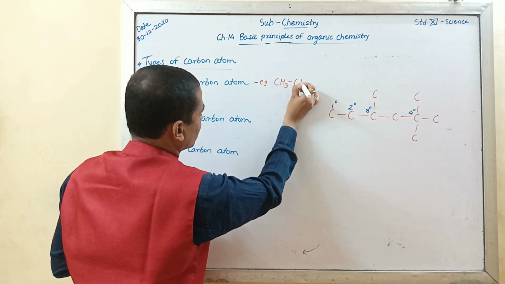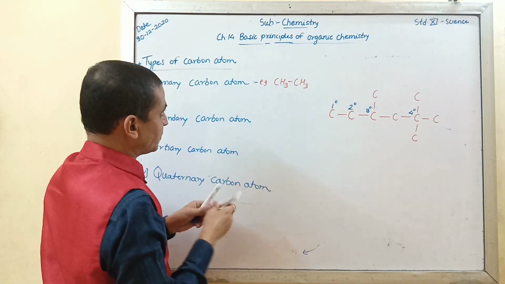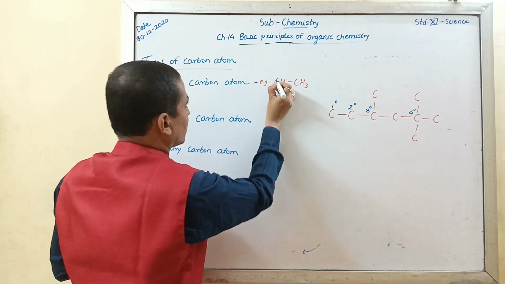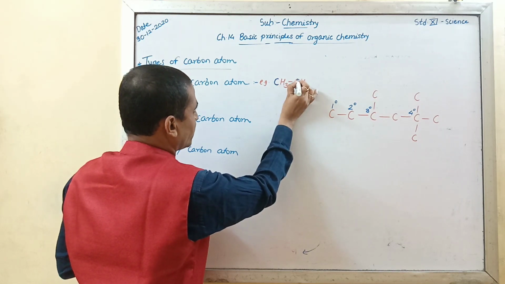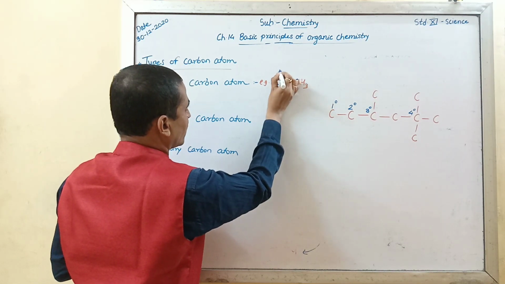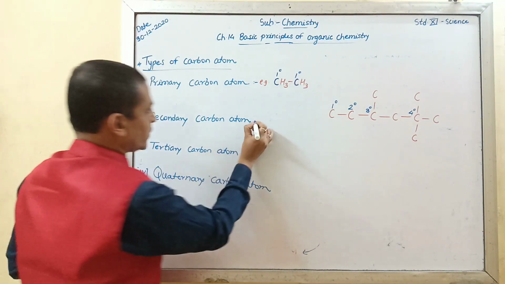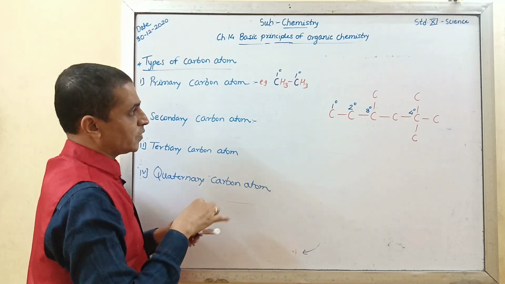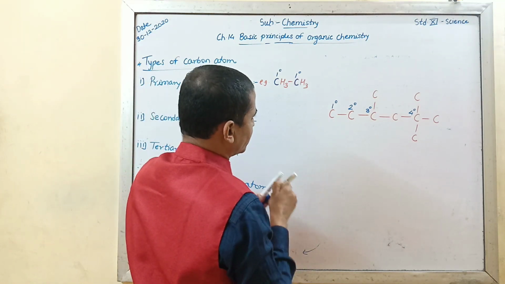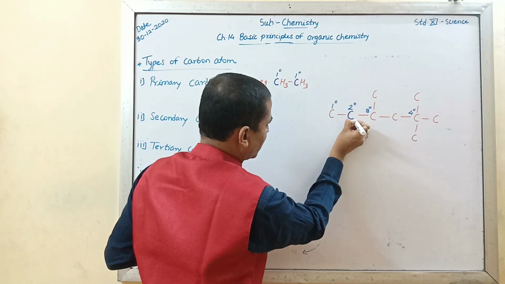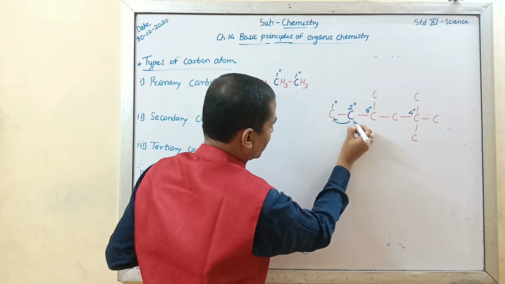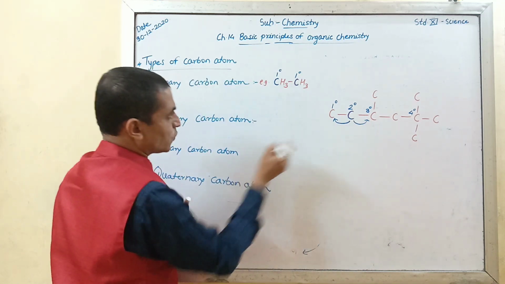CH3, CH3. Here, this carbon atom and this carbon atom, they are what? Primary carbon atoms. Now consider the second. See, this carbon atom is attached to one and two carbon atoms, so it is secondary.